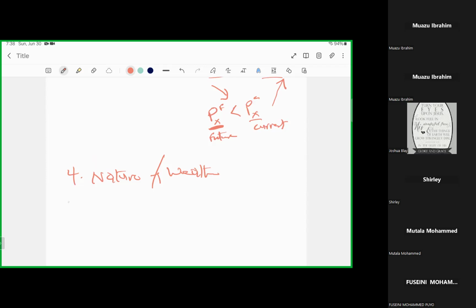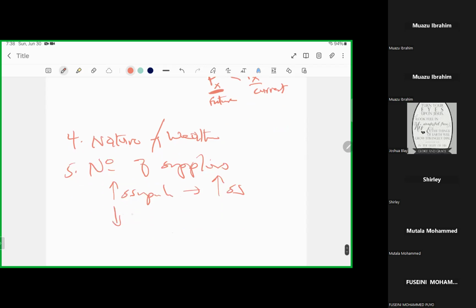Another factor that we can talk about is the number of suppliers in the market. If you have more suppliers, they tend to have more supply.